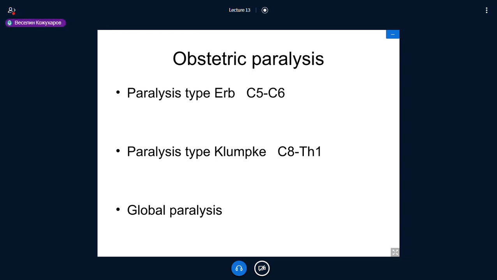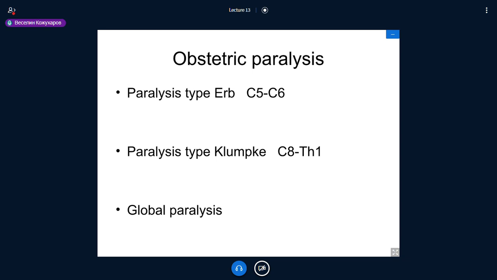Then paralysis type Klumpke or distal paralysis, which affects C8 to Th1 nerve roots. And finally, and hopefully very rare, a global paralysis, which affects the whole brachial plexus.